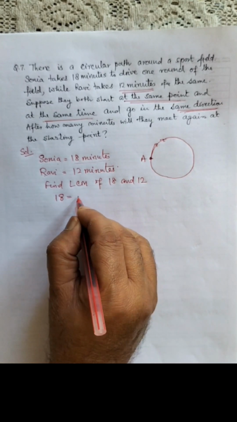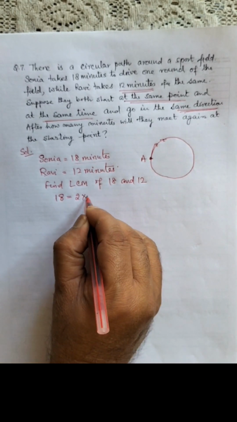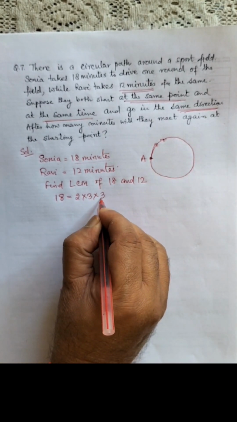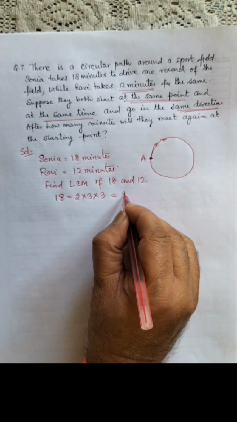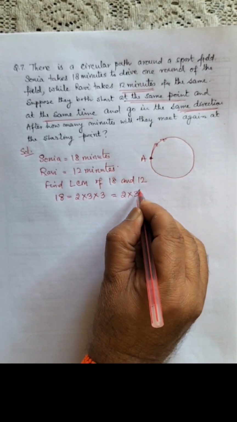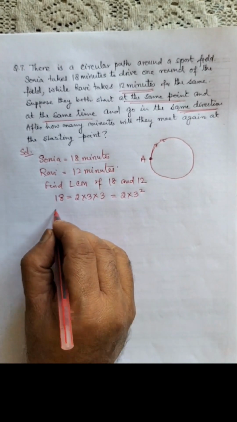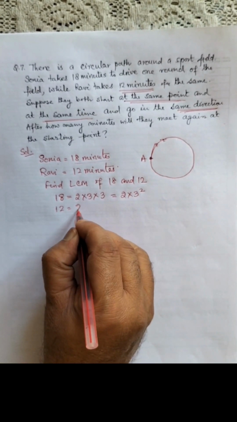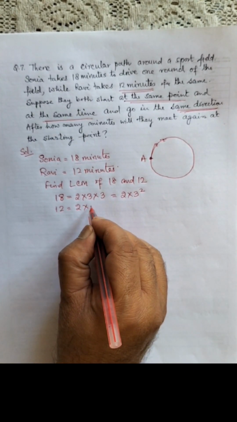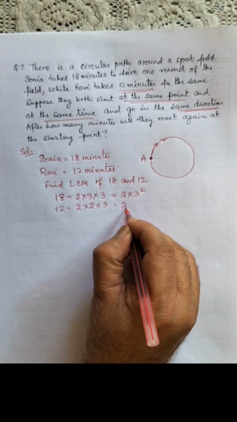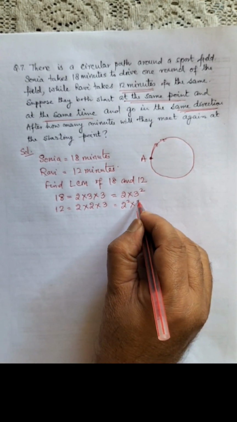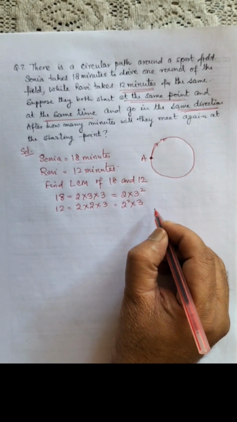The prime factors of 18 are 2, 3 and 3, that is 2 times 3 square, and for 12 it is 2, 2 and 3, that is 2 square multiplied by 3.